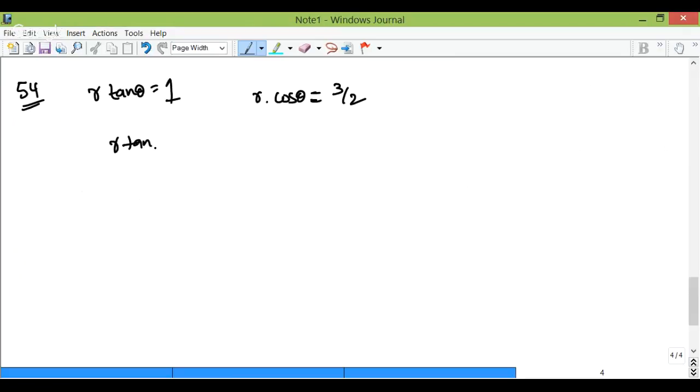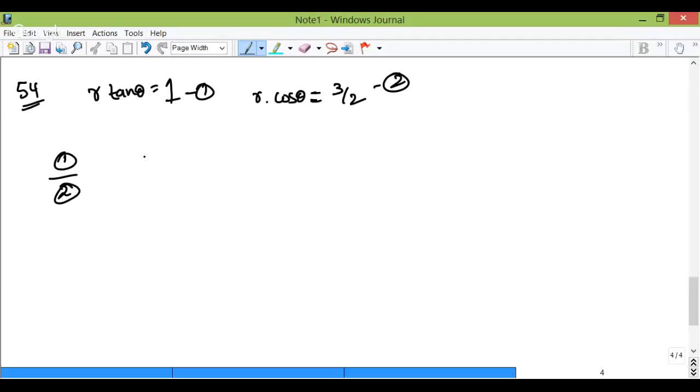We'll write this as it is, r tan theta is equal to 1. So take it as 1 and take it as 2.